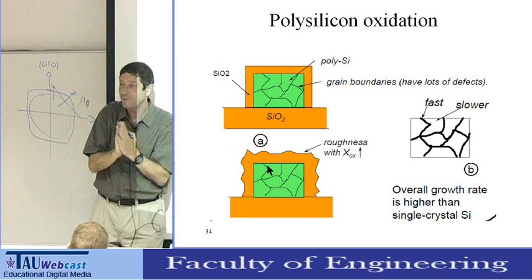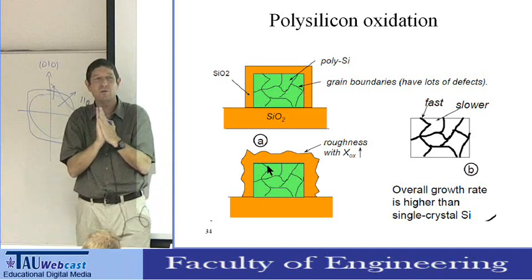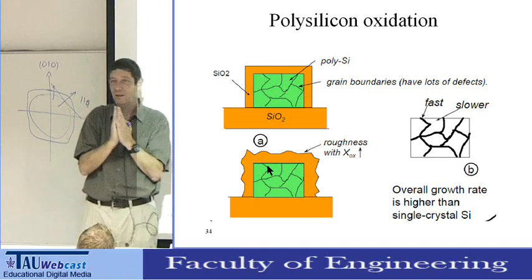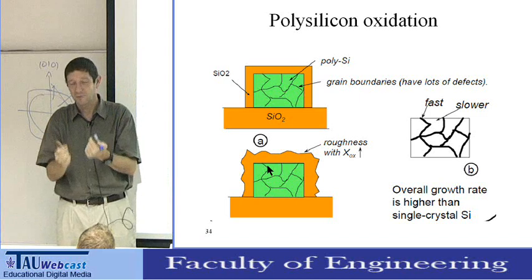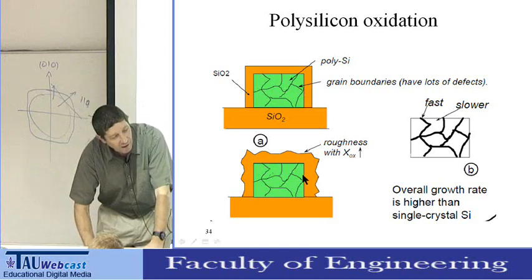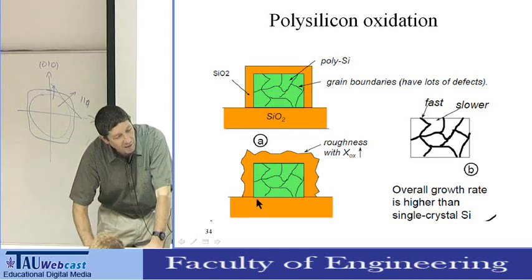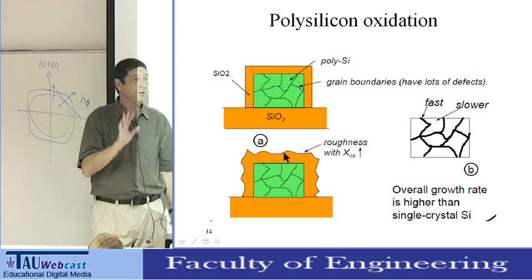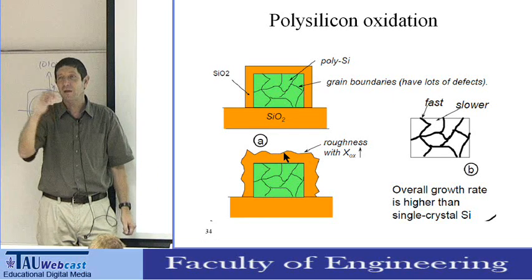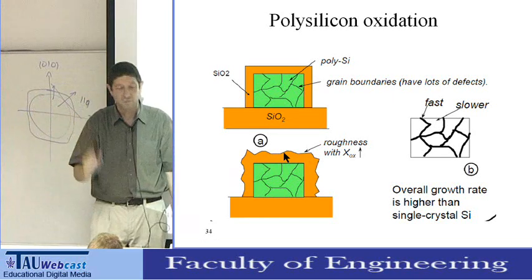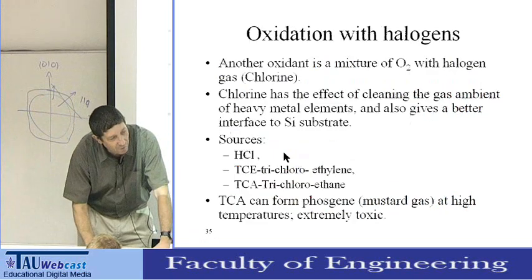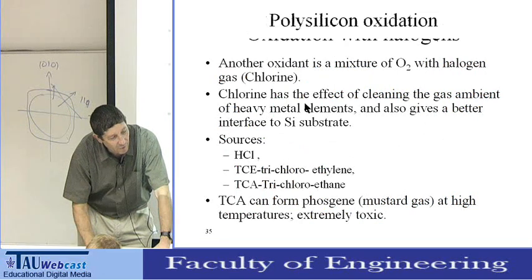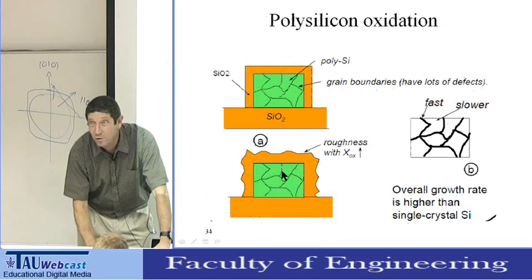In this grain boundary, the silicon is less crystalline, and it oxidizes faster. So when you oxidize polysilicon, it follows the same Deal-Grove model, but it becomes rougher. You have to remember this when you oxidize poly, which is a very common process.